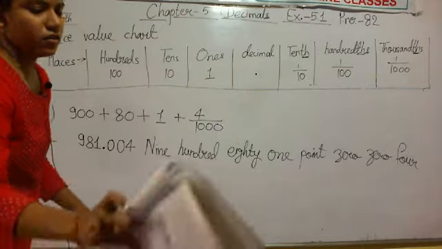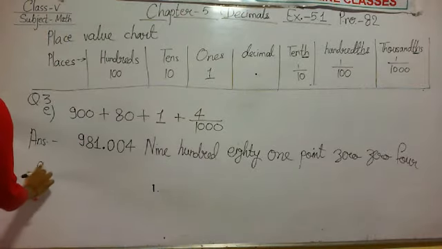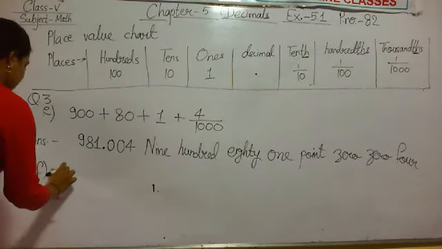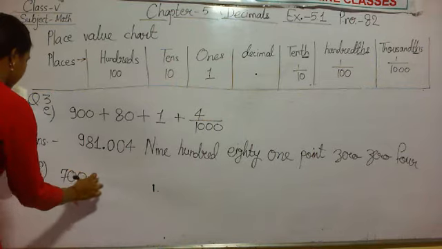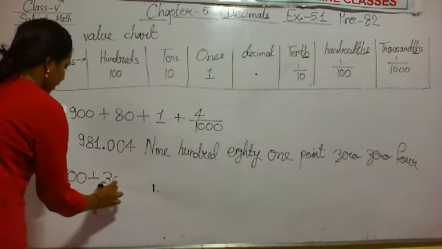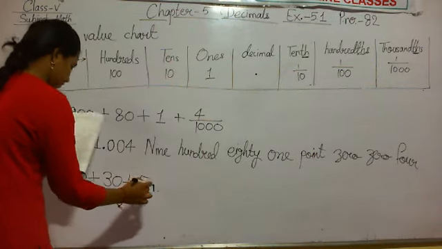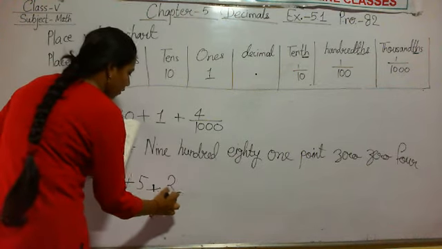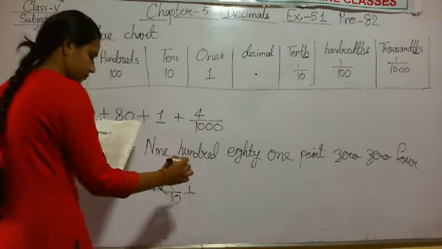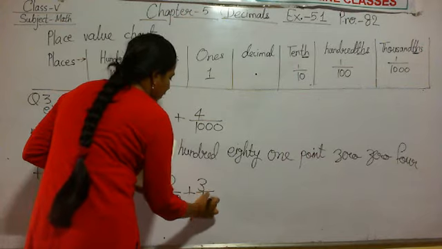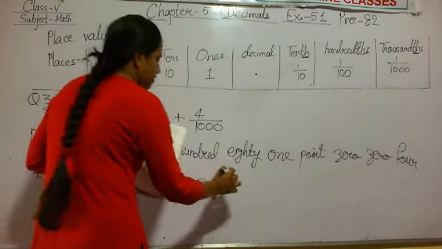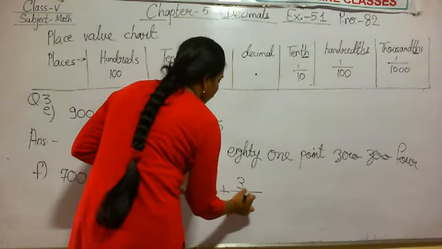Now the last one, that is F. The given number is 700 plus 30 plus 5 plus 2 upon 10 plus 3 upon 100 plus 3 upon 1000.